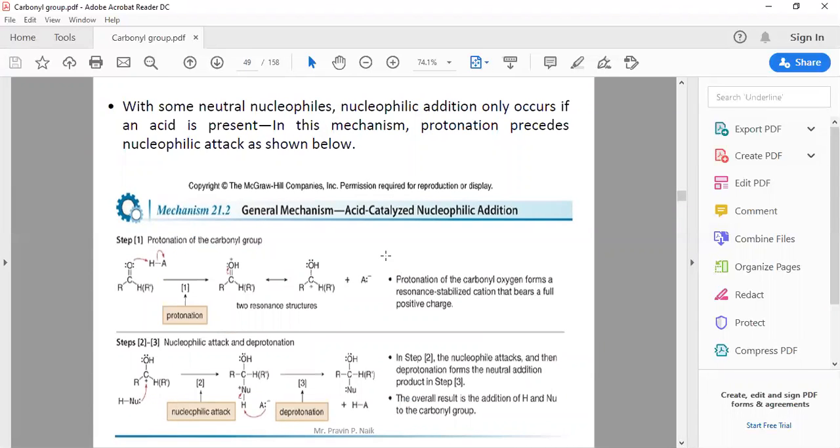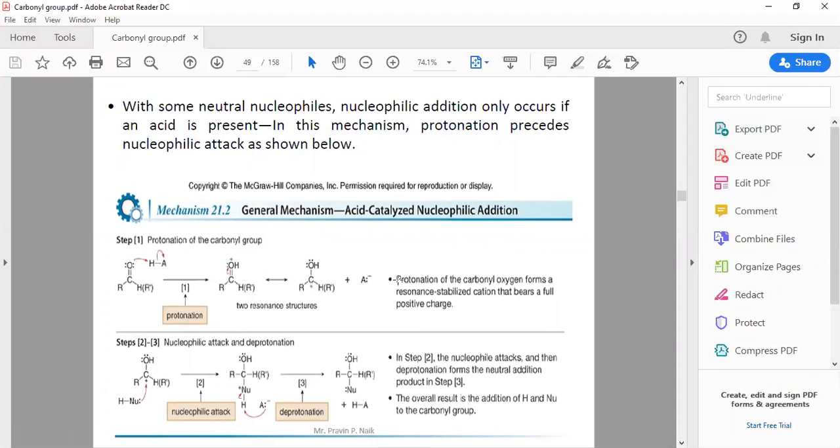Then the rate of the same reaction can be enhanced by addition of acid, and it becomes acid catalyzed nucleophilic addition reaction. So you can see here the acid is protonating the oxygen first, because of which this carbon becomes more electrophilic, and in the next step the nucleophile attacks this electrophilic carbon, and then the base abstracts the proton, and deprotonation occurs.